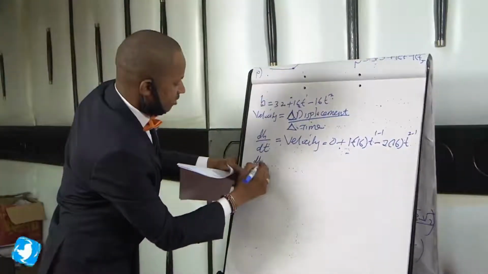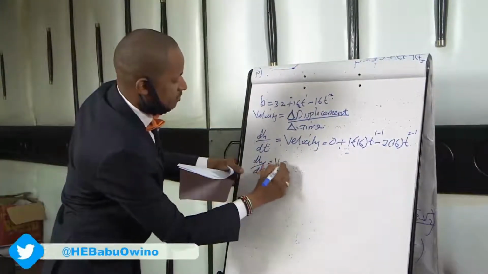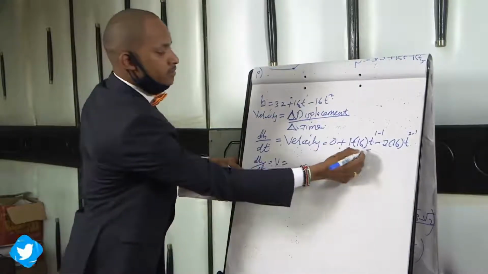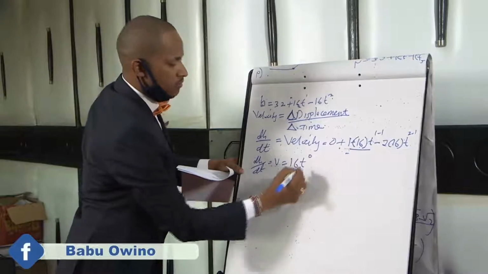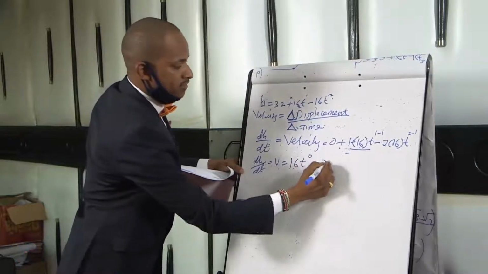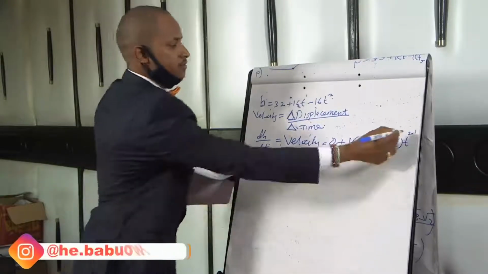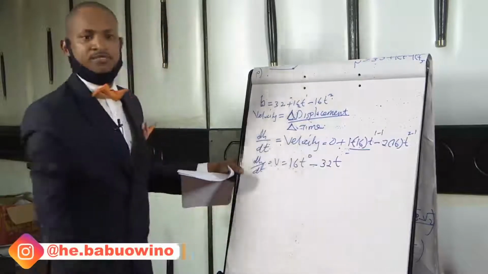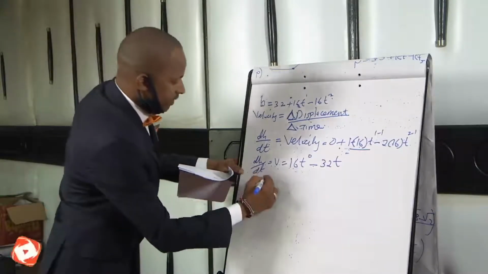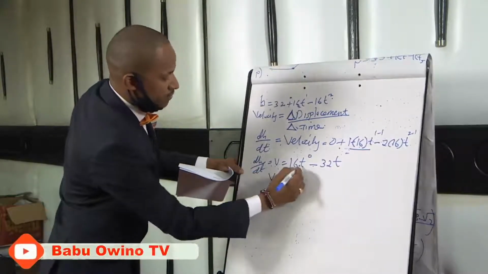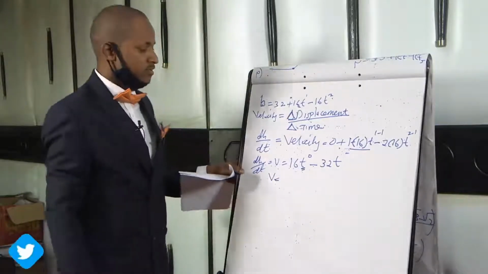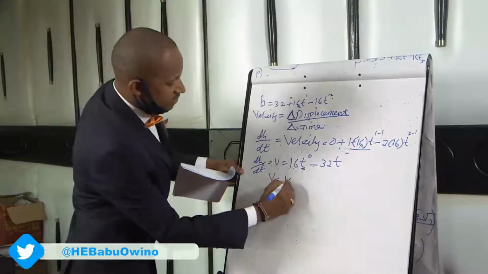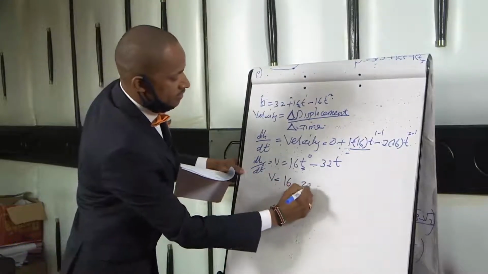Now dh/dt, which is our velocity, equals 16t to the power 0 minus 32t to the power 1, which is the same as 32t. Any number or letter raised to power 0 is 1. Therefore, velocity is 16 minus 32t.